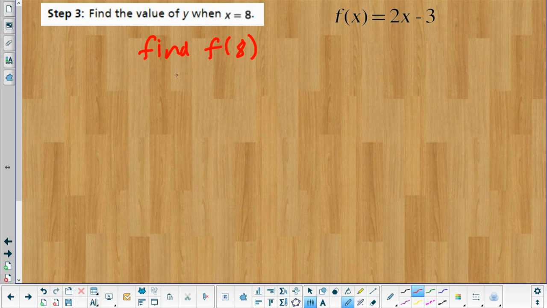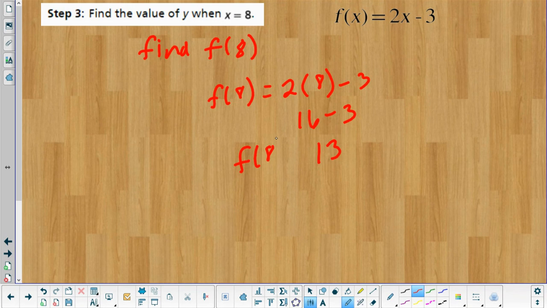And here is our expression. So if 8 is in the x spot here, I'm going to substitute 8 in for all my x's. 2 times 8 gives me 16. Minus 3 gives me 13. So f of 8 equals 13.